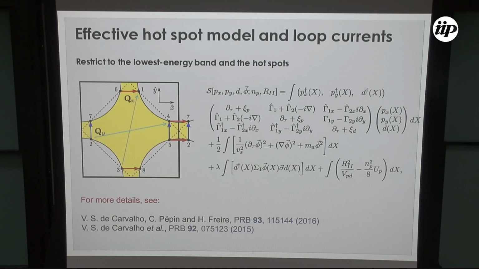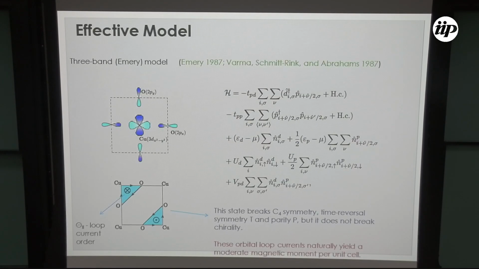And this is the spin-fermion model, the conventional one, and R2 here is the other parameter related to the current order. Okay, so we produced two works about that. Here are the references. And these are the intra-unit-cell currents in this so-called theta-2 loop current order phase, which was proposed for the first time by Varma.